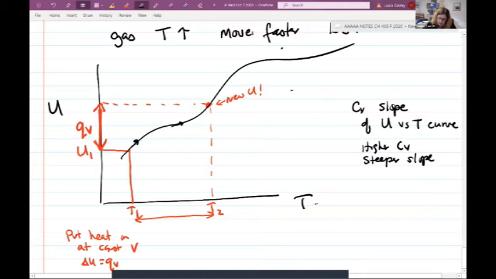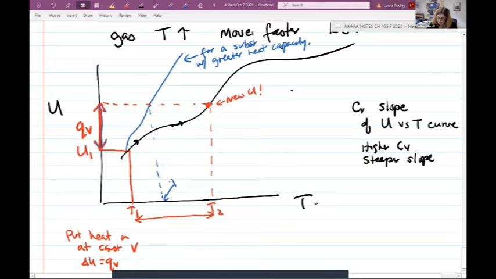So let's say it's this, right? This is for a substance with a greater heat capacity. And you could see that if you put the same amount of heat in, the final temperature will be over here, and your change in temperature would be that.